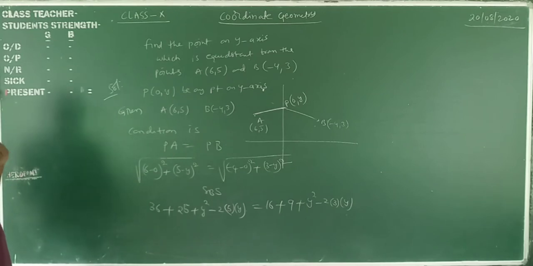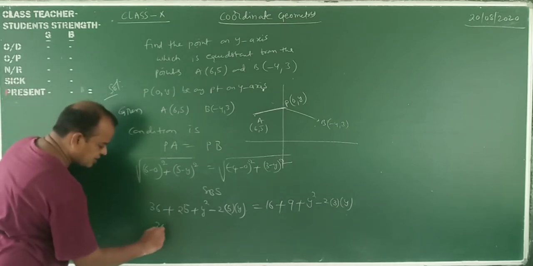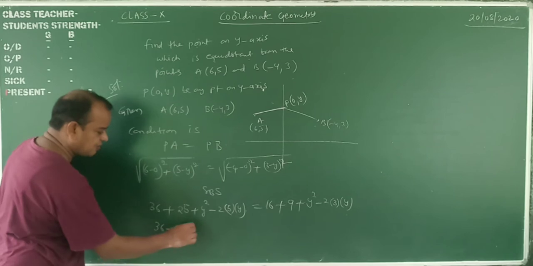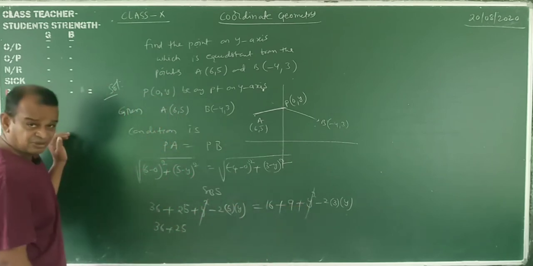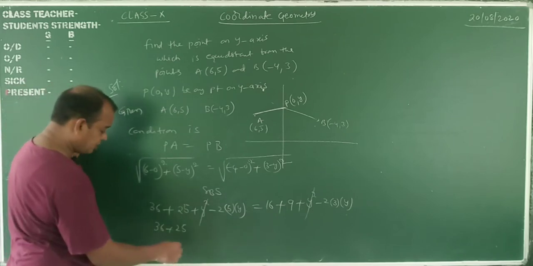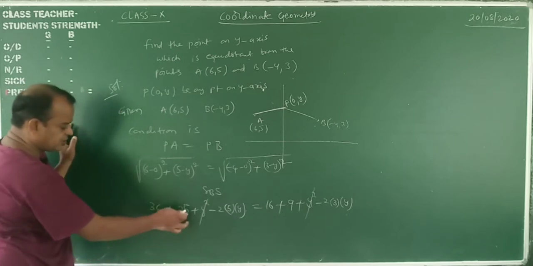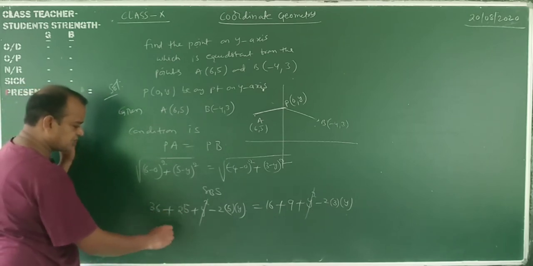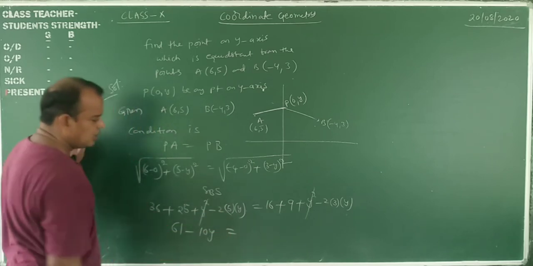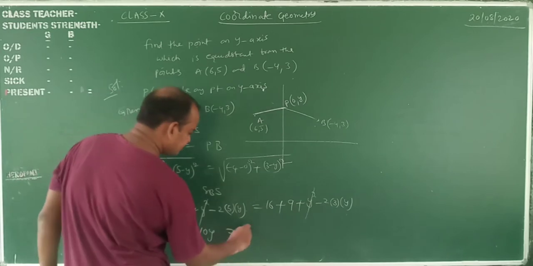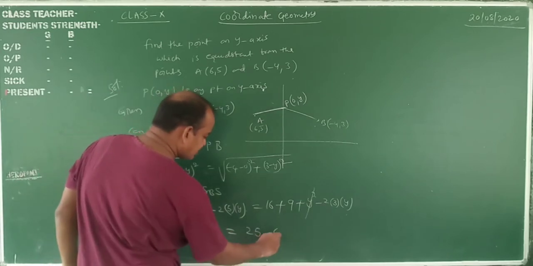Okay, here the calculation part is going on. 36 plus 25, and here y square cancels on both sides. 36 plus 25 is 61, minus 10y. Here 16 plus 9 is 25, minus 6y.